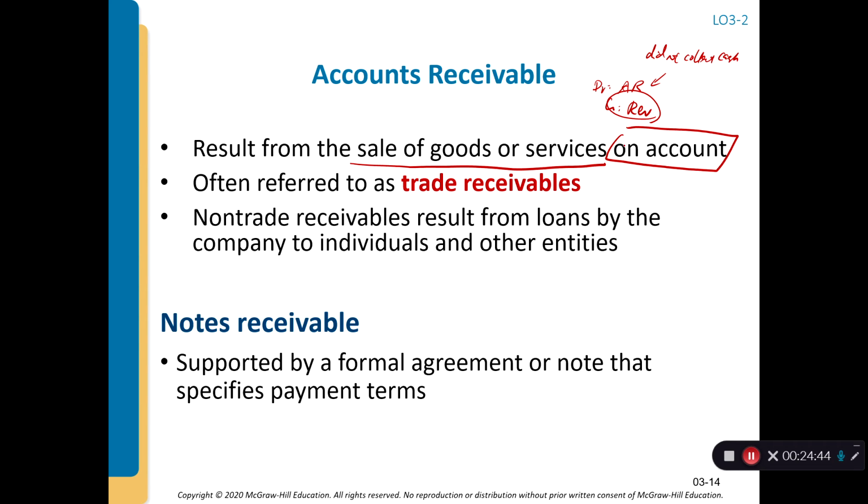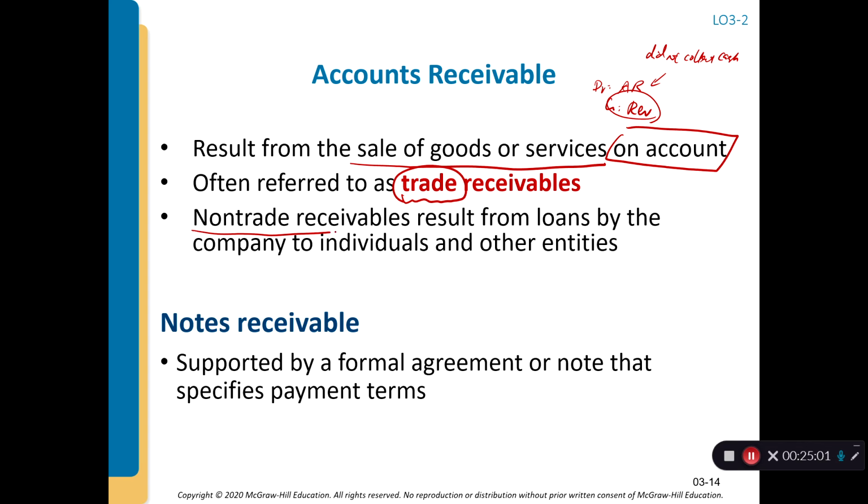So you offered the services and goods on account, waiting for people to pay you back. That's why you have accounts receivable, or it's referred to as trade receivable because it's highly associated with sales, right?